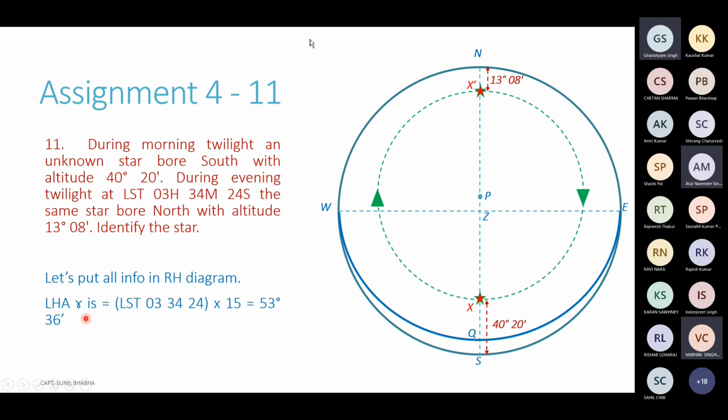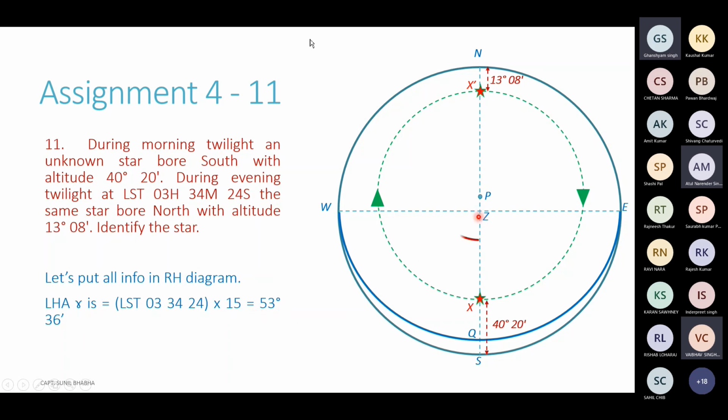Now let's show this value in our diagram here. The observer's meridian is represented by PZQS. This particular line represents the observer's meridian. Now LHA Aries is 53°36'.